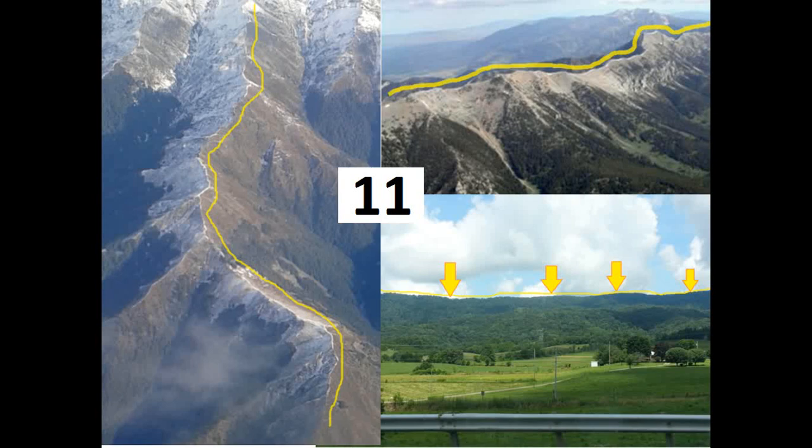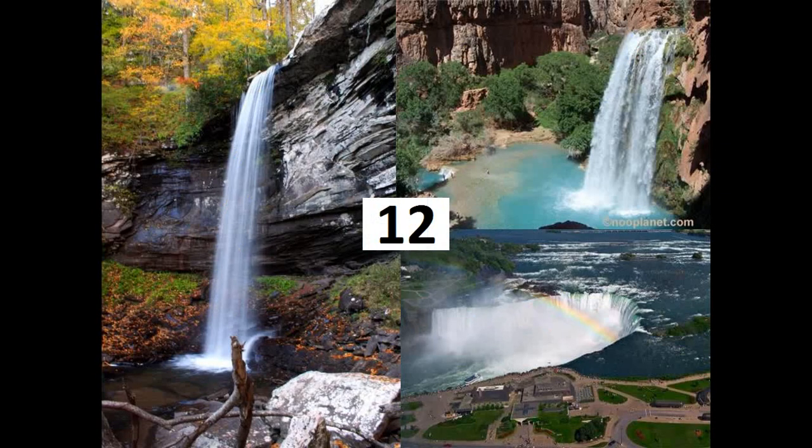This is called a ridge. Number 12, obviously a waterfall. You might want to note that waterfalls, once again, are a product of differential weathering. You have to have two rocks that are weathering differently. You have soft rock underneath harder rock. That's the only way you get a waterfall really forming.